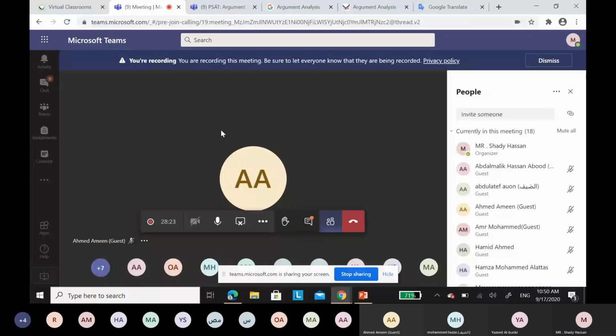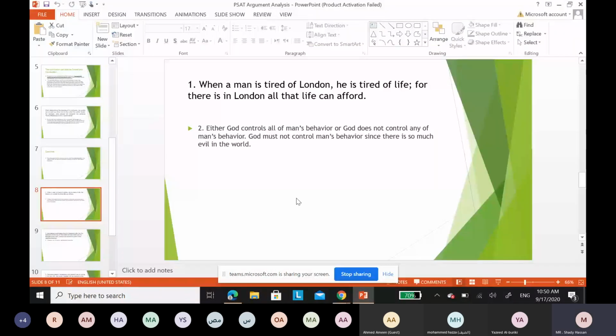Yeah. Where is the conclusion here, guys? Is it either God controls all of man's behavior, or God does not control any of man's behavior, or God must not control man's behavior since there's so much evil in the world? The last thing you said. Yes.